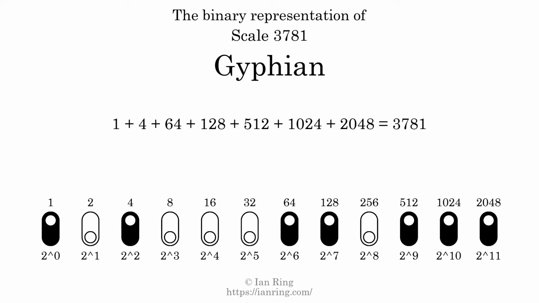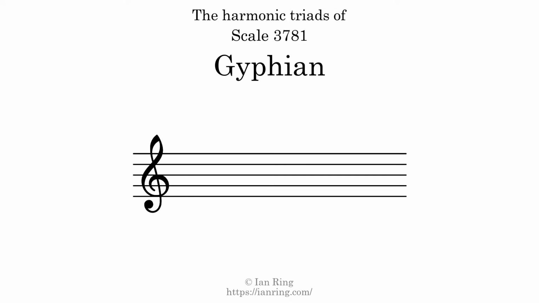That is why the scale number, in decimal, is 3781. The scale number not only enumerates the scale with a unique index, but it also literally describes the tonal content of the scale. Represented as a binary number in base 2, the scale number is 111011000101. Here are the harmonic triads present in this scale.